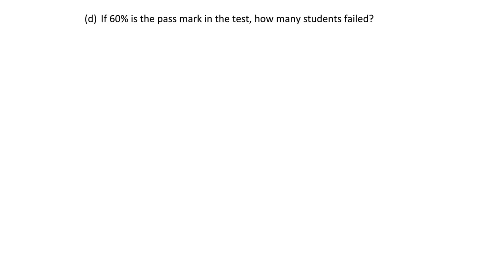So to get the number of students who failed, we are going to take all the students who got less than 60%. So here we have 2 plus 3 plus 5 plus 7, of which, summing this, we are having 17 students. So this is the total number of students who failed.